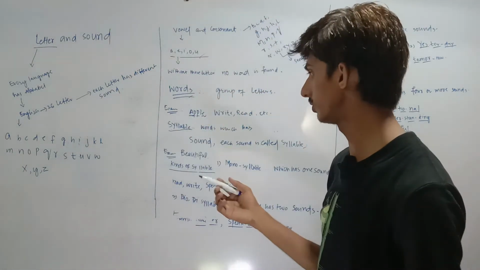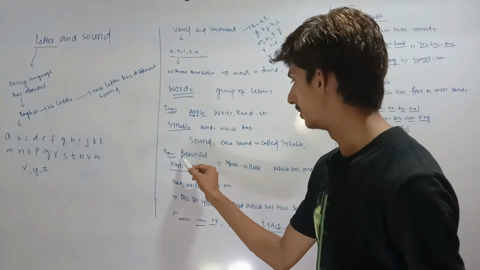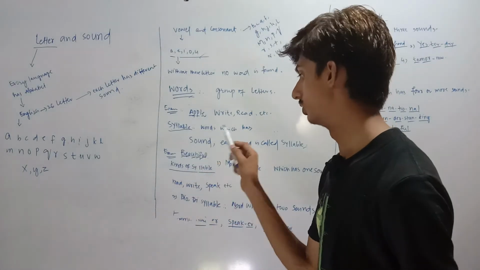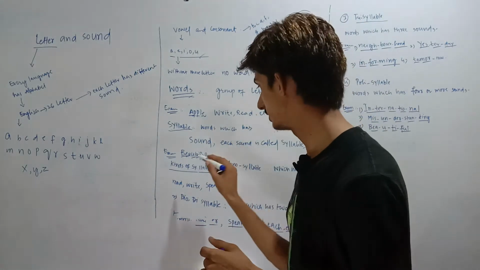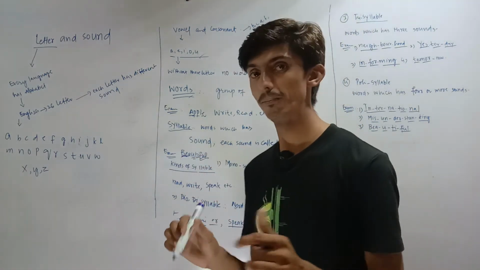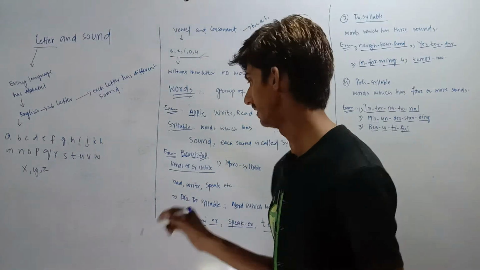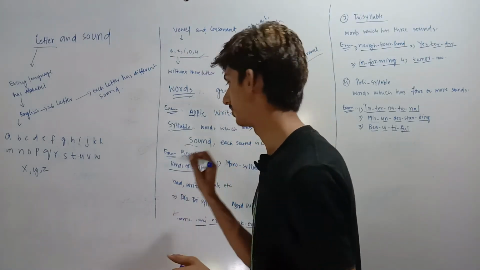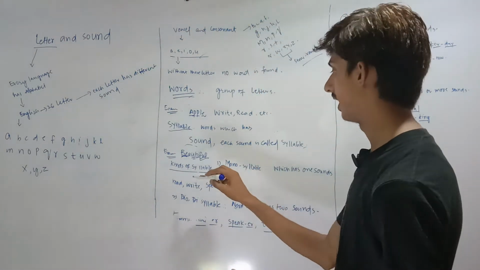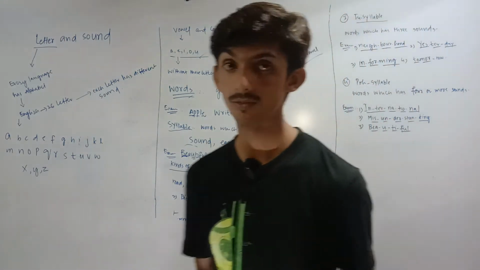Now I am going to tell you how to count syllables. Beautiful. These are the sounds: 1 sound, 2, 3. Beautiful has 3 sounds, means this is a trisyllable. Now I am going to the kinds of syllable.